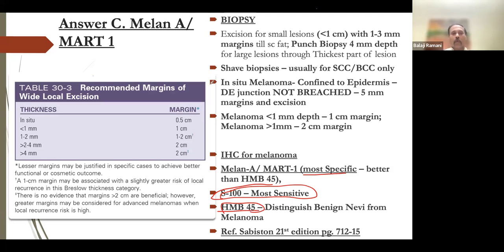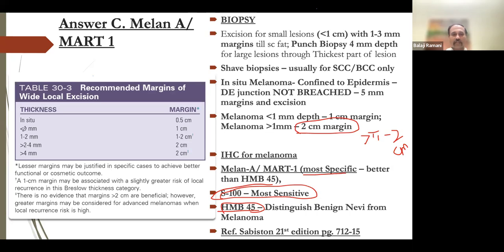Okay. Now, what is the width of excision for a melanoma? Commonly, any melanoma which is not a thin melanoma needs a 2 centimeter margin. So except for T1 melanomas, anything greater than T1, the margin should be minimum 2 centimeters.